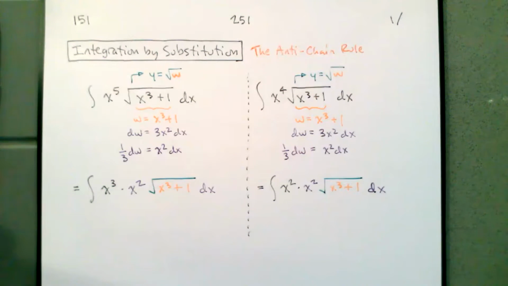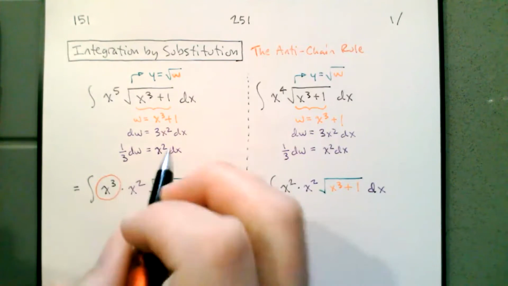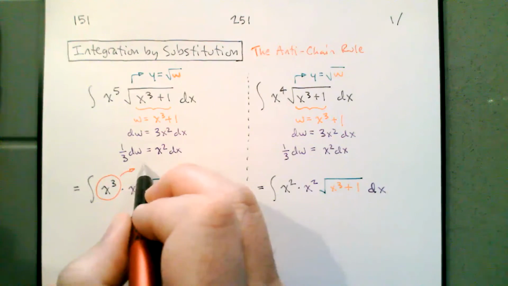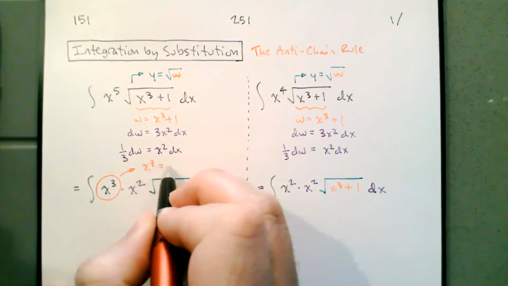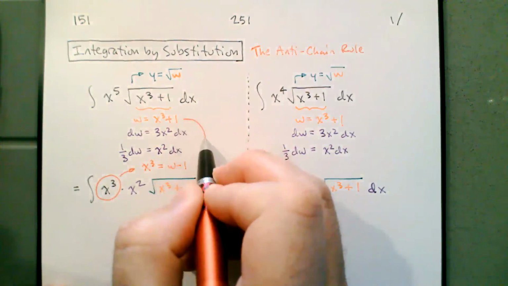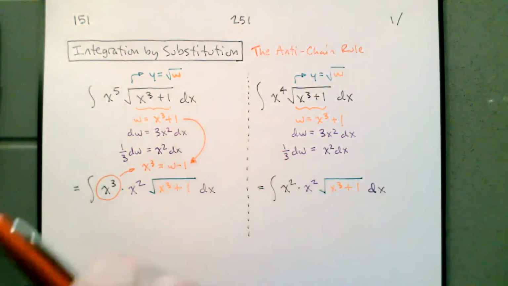On the left, x cubed is easy to replace. So here, I can replace this x cubed with w minus 1. It's because my substitution for w can be easily turned around into an x cubed.